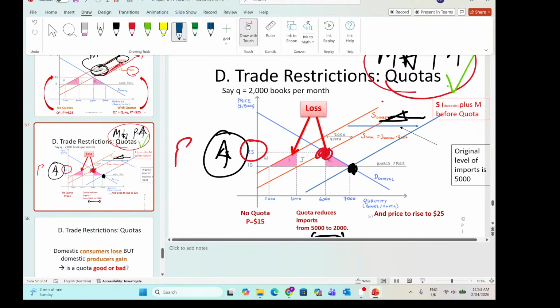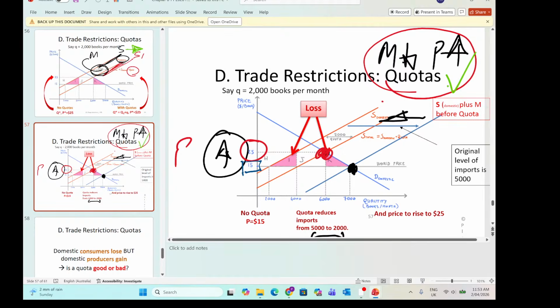At the free trade price, which I've just drawn a square around at 15, the firm was supplying 2,000, but now at the higher price, the firm will supply 4,000. So the output of the firm grows from 2,000 to 4,000. So this represents growth for the local firm. We call this the protective effect.